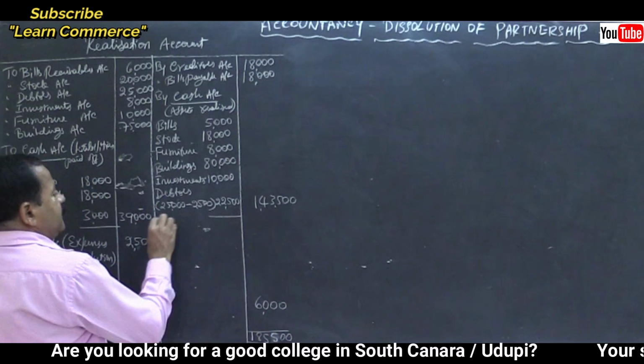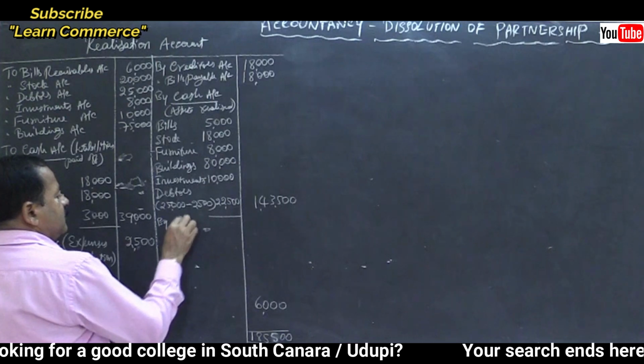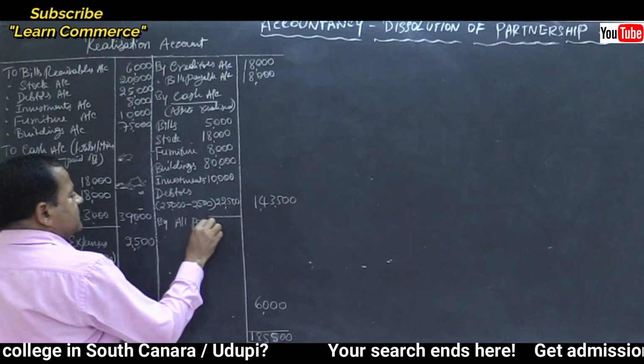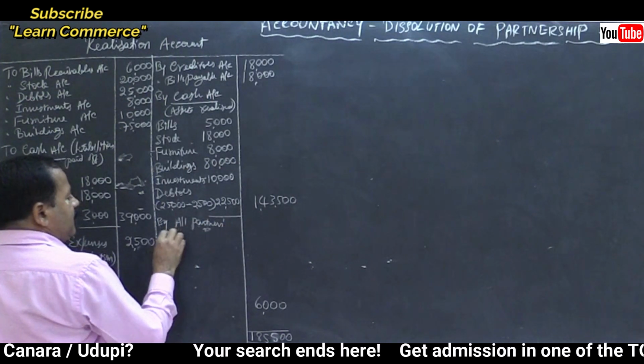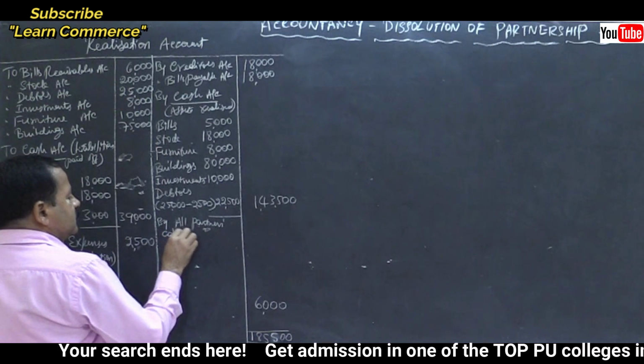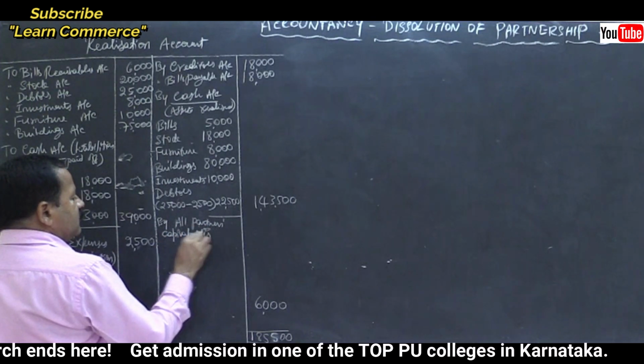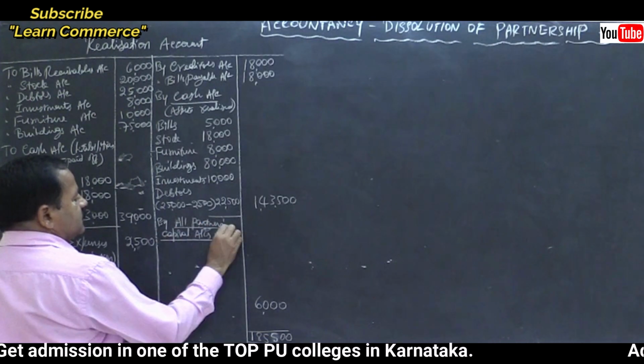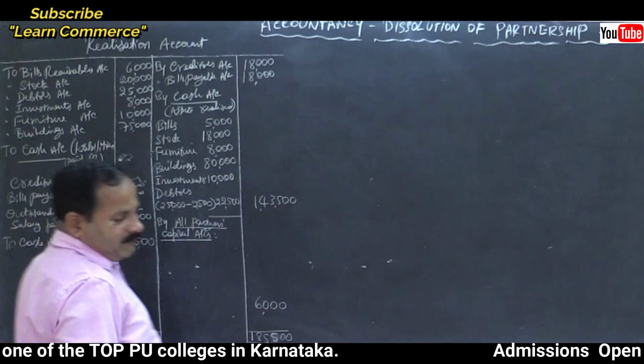6,000 by all partners capital accounts. Under that, who are the partners?